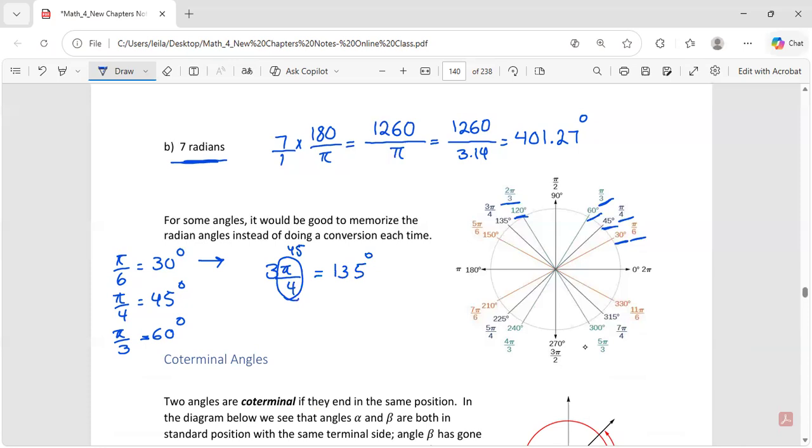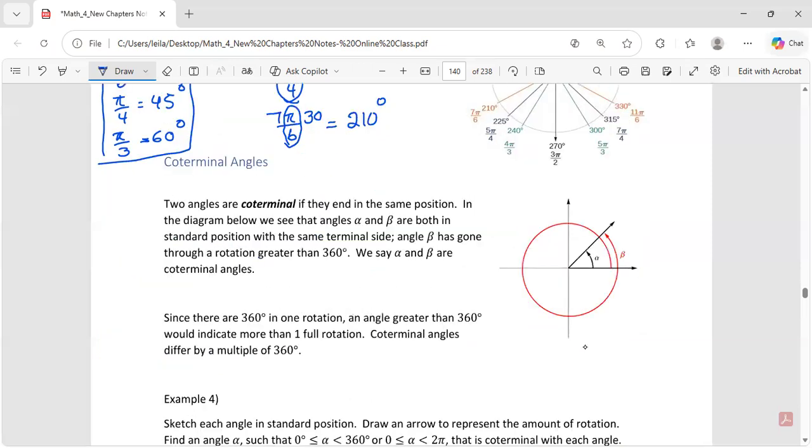That should be an angle that has a 5 or 0 at the end. Or when they ask me what is 7 pi over 6, because of the 6 on the denominator, I know that should be a multiple of 30 degrees. And you know pi over 6 is 30 degrees. So 7 times 30 is 210. That's much easier if you just remember these three. You know both the radian and degree measurements of these three angles.